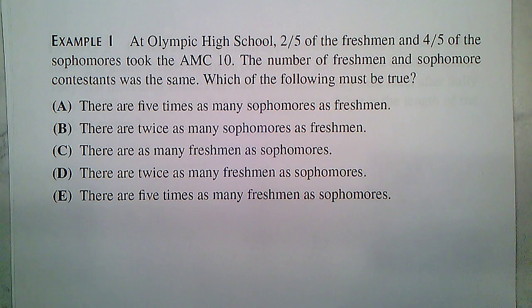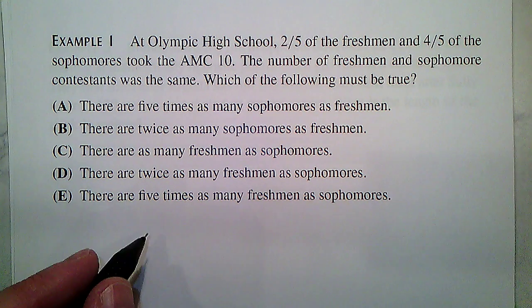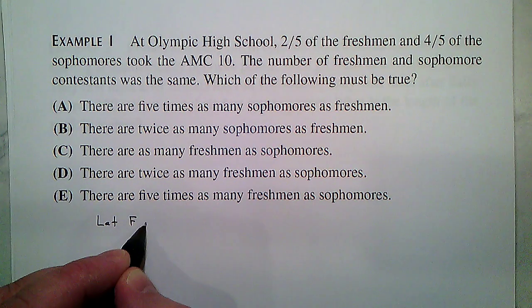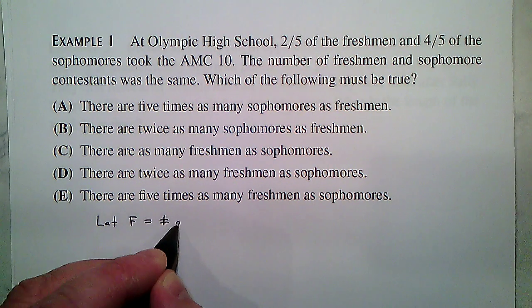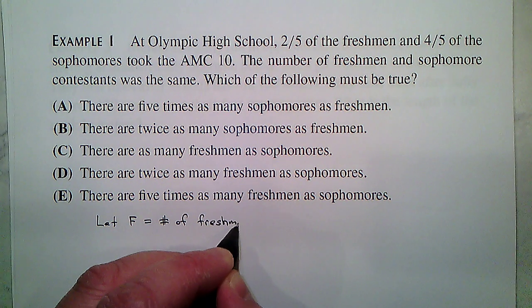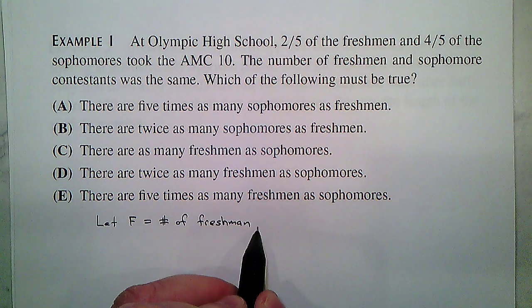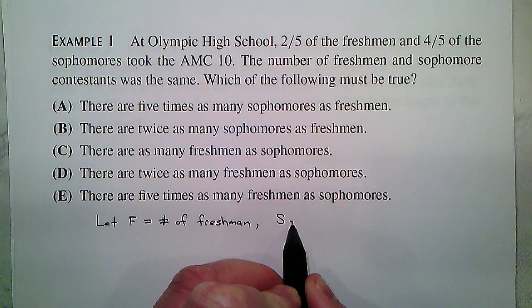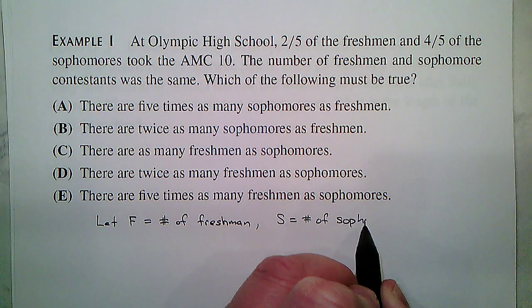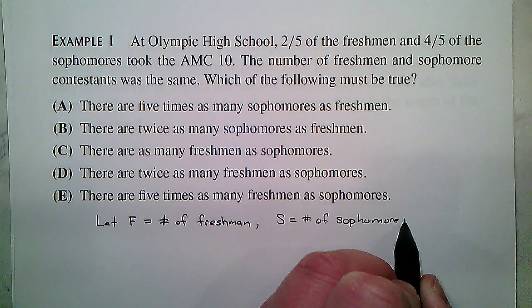So clearly, we need to find some sort of relationship between the number of freshmen and the number of sophomores. So let's maybe define a variable. Let f equal the number of freshmen, and likewise I'll let s equal the number of sophomores.